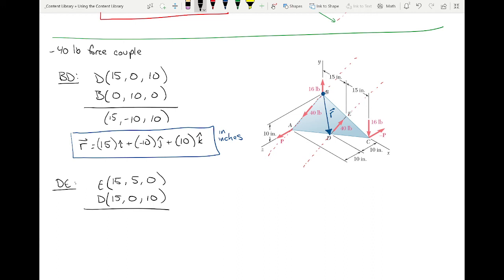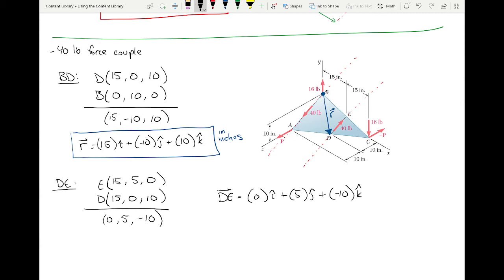So what do we have? 15 minus 15 is 0. 5 minus 0 is 5. Negative 10, right? So DE is 0I plus 5J plus negative 10K. Is that a fair statement?